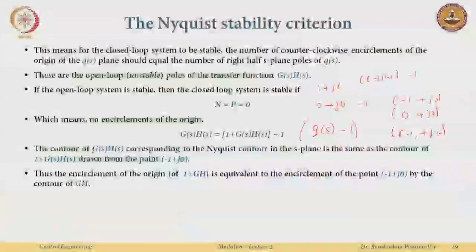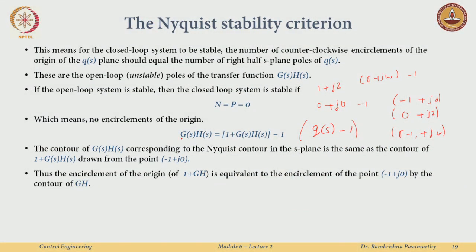So the contour of GH is the same as the contour of 1 plus G times H, just that I am shifting the real part to minus 1 plus J0. I will show you a plot of this. Therefore, if I ask, have I encircled the origin of 1 plus GH, this is actually equivalent to asking a similar question: have I encircled the point minus 1 plus J0 of GH.